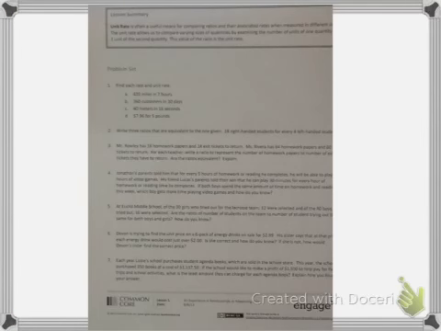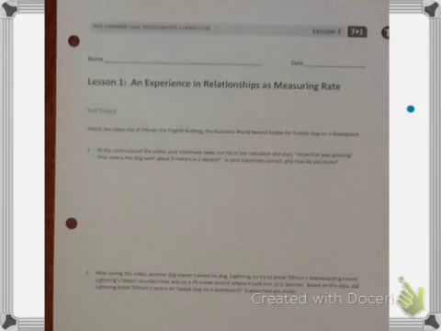Okay, so finally, it's time for you to work on your own. What I'd like you to do is go ahead and do the problem set for this lesson 1 in your spiral journal that I had asked you to purchase. And then go ahead and do the exit ticket. The exit ticket is more or less a formative assessment.